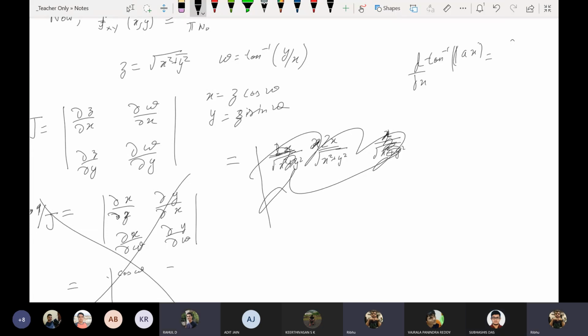It is a upon a square plus x square. I don't remember correctly. Right? Yeah, I guess. Yeah.